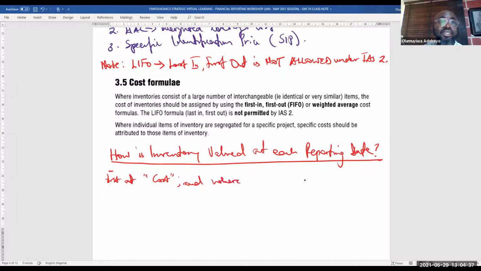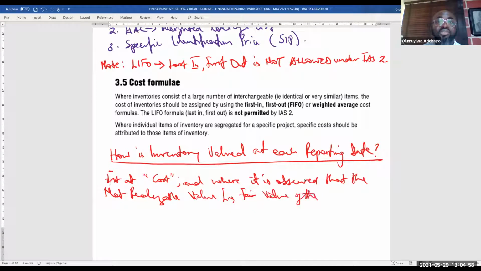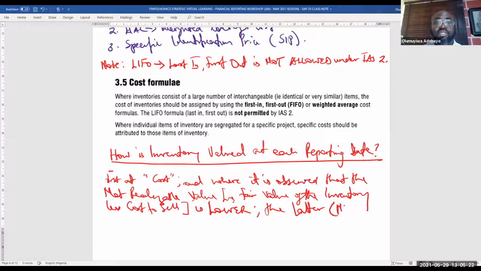And where it is observed that the net realizable value, that is the fair value of the inventory, which is the market price less cost to sell, or what we call cost of disposal, is lower, the latter, which is the net realizable value, will be adopted as a surrogate to cost.